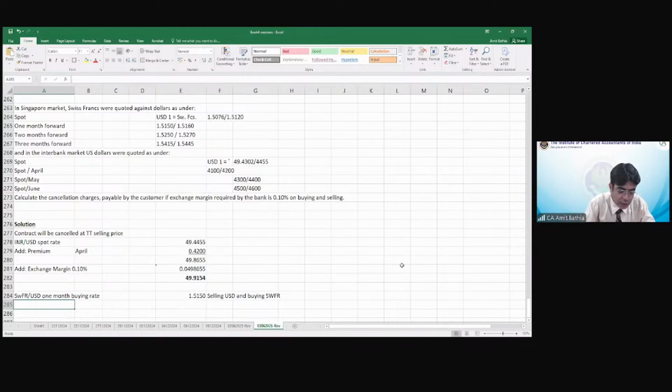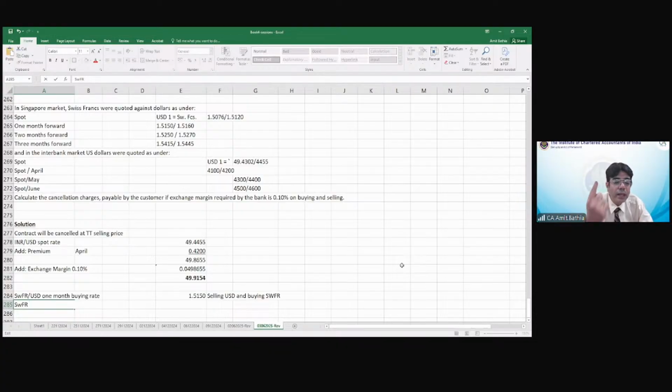Okay, all right. Now, what will be the Swiss franc spot selling rate? I need to find that. Why am I doing this? I'm going to take the cross currency rate, INR and Swiss franc. Because I have found the two relevant rates for me: 49.9154, and I can essentially buy Swiss francs at 1.5150.